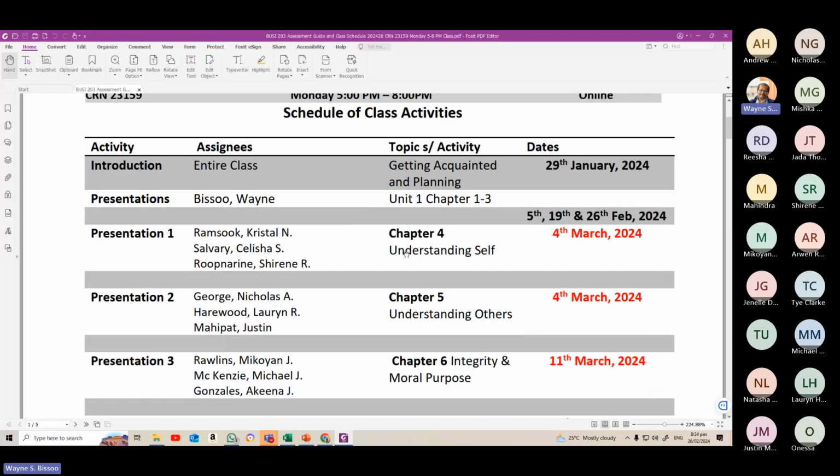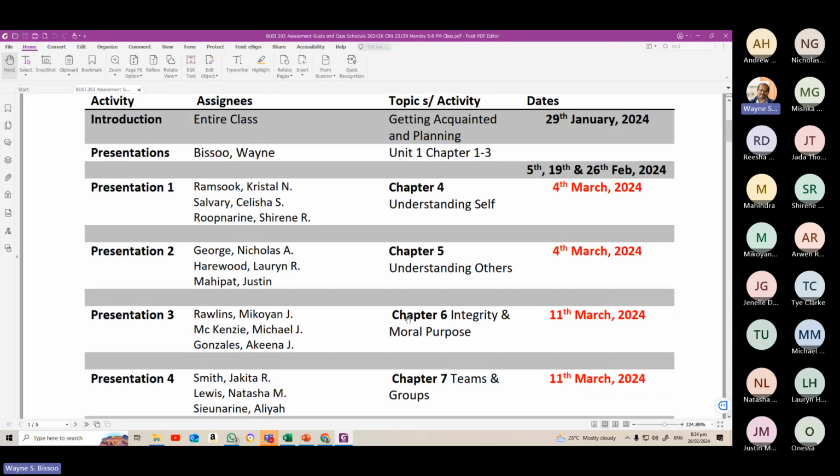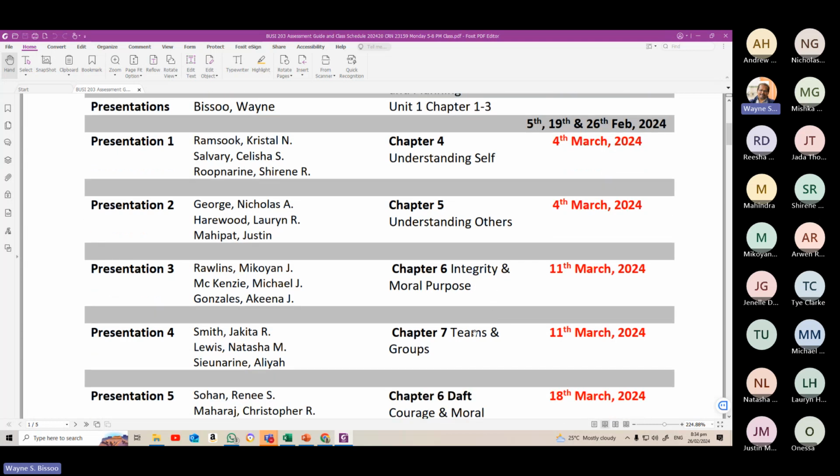You understand now where that comes from. Understanding others, that's part of the knowing, being, doing part. That's the elements there. Integrity and moral purpose brings up very quickly the ethical parts. Working in teams and groups is related to understanding others, so that's the development of team and group work.